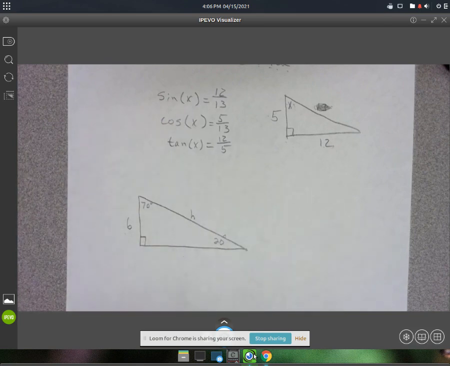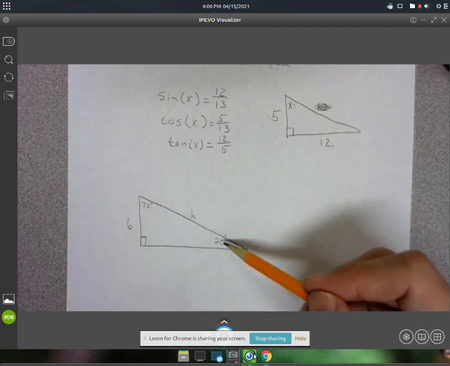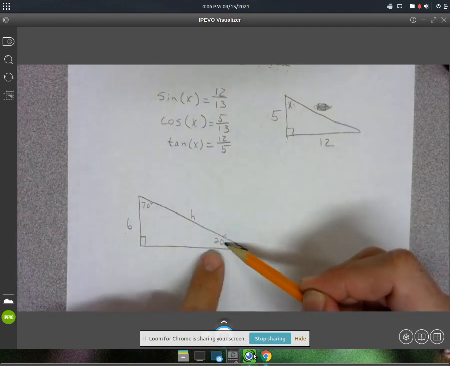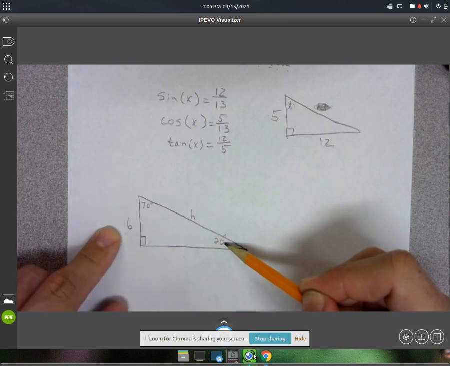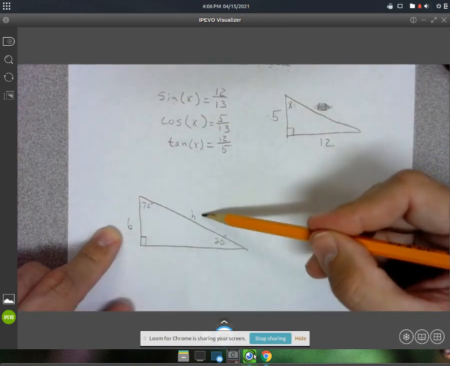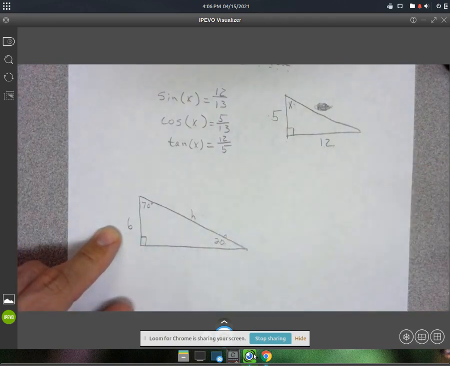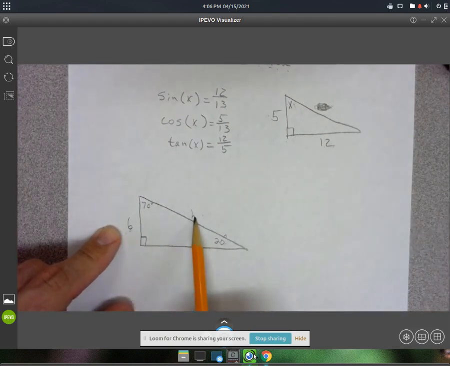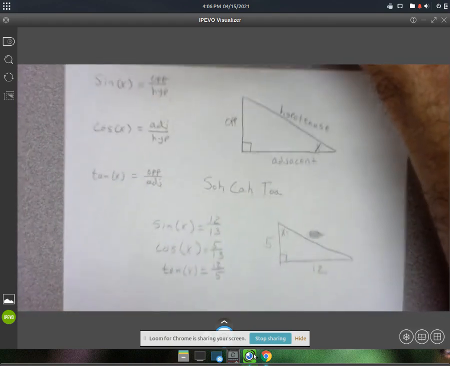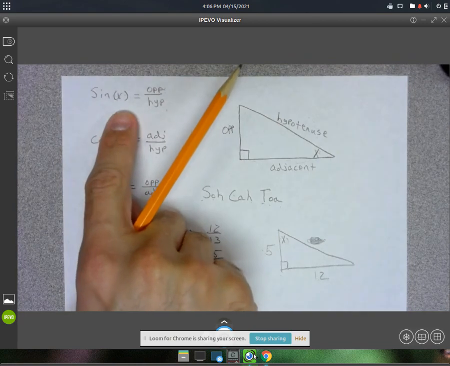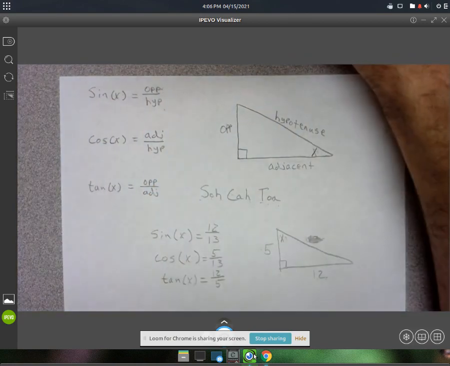You actually have to use one of those trig functions. From the 20-degree angle, 6 would be the opposite side, and you're solving for the hypotenuse. Since you're relating the opposite and the hypotenuse, we have to use sine.